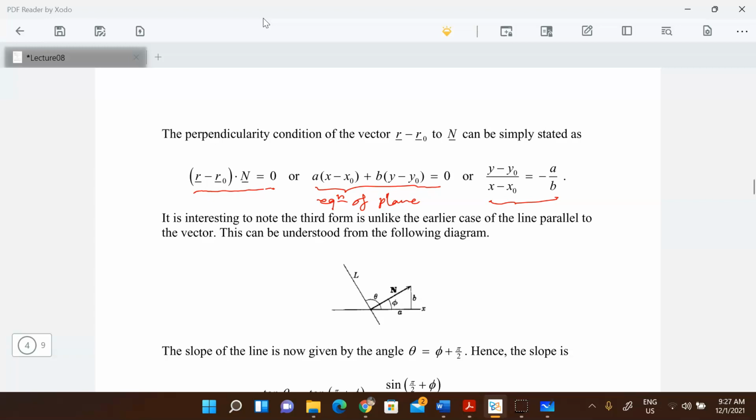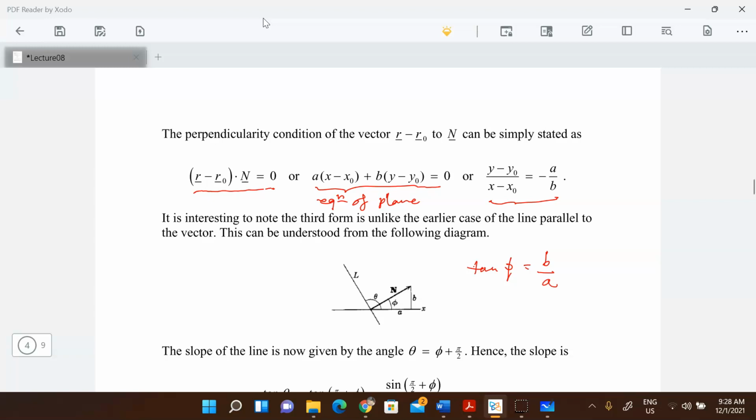So tangent phi equals your y component divided by your x component.